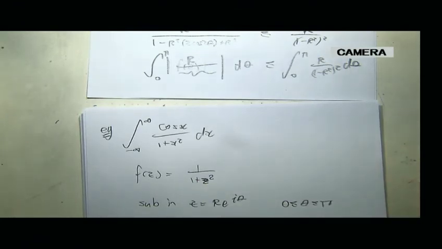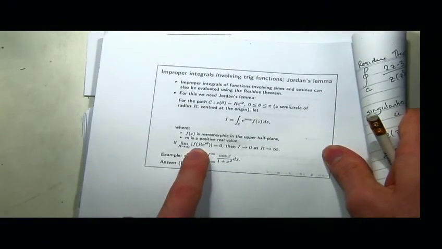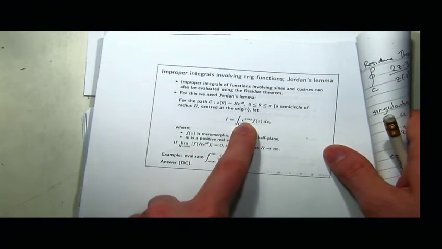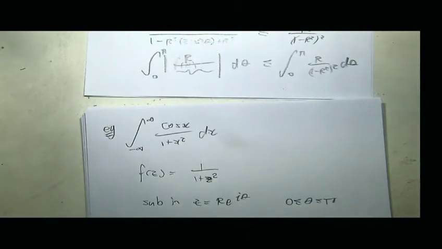Because that's what this says: it says find f of re to the I theta, where f is the bit that doesn't involve the e to the I something. This is much better.